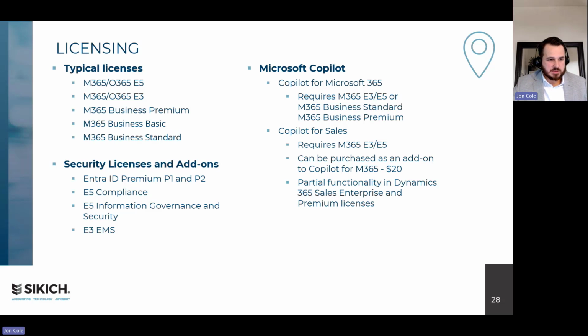And the Defender for Office 365 Plan 1 license is included here. Your compliant organizations may choose these licenses, but require these other add-ons, right? Either E3 EMS or some of these compliance and information governance security can actually be applied to Business Premium to get more features around labeling and retention.